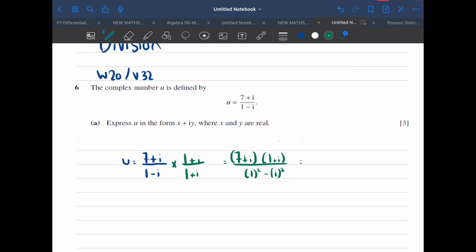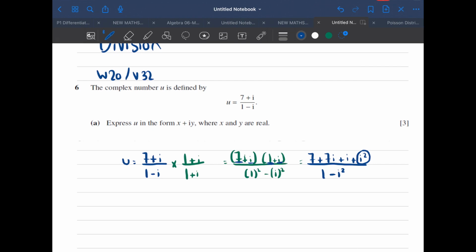Now let's multiply. 7 into 1 is what? 7 plus 7 into i is what? 7i plus i into 1 is what? i plus i into i is what? i square. And in the denominator, it will become 1 minus i square. Now, what's the value of i square? Minus 1.